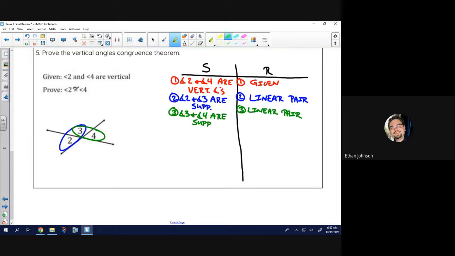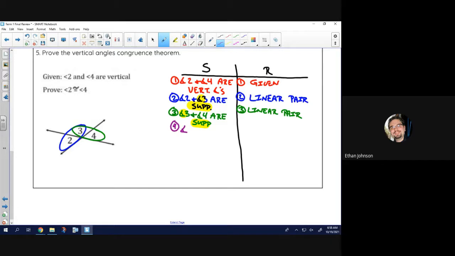So we did end up saying supplementary twice. And in fact, in both of those statements, we said angle 3. So if those two are congruent, the other two have to be congruent, just like we did on number 3.